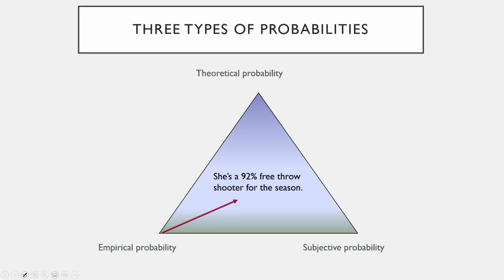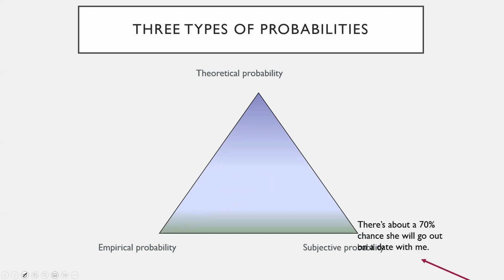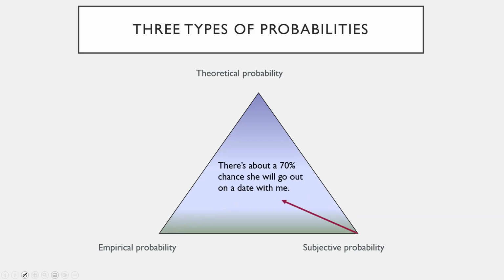So I'm taking how many times she's been successful through the data of her free throws, and saying that 92% of the time she makes it. And then subjective, there's about a 70% chance she will go out on a date with me. That's the one we use the most, and we often don't think about how we develop it, but we do develop it, hopefully.